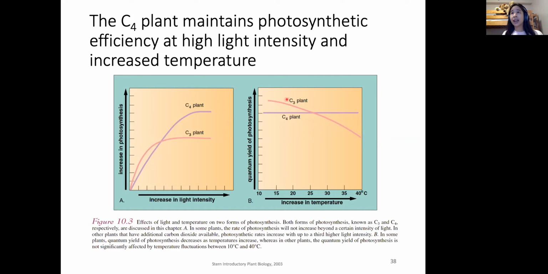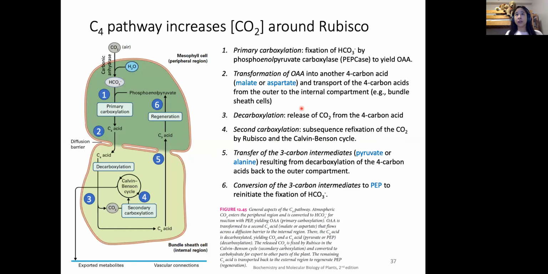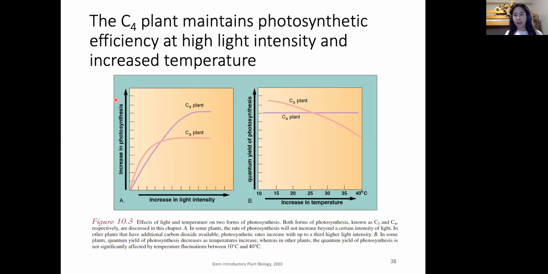You can see that at lower temperature and lower light intensity, C3 actually does better than C4. This is because in C4, you need more energy to convert C4 to C3 and for C3 to recycle back for this process again. So you need more energy for that.